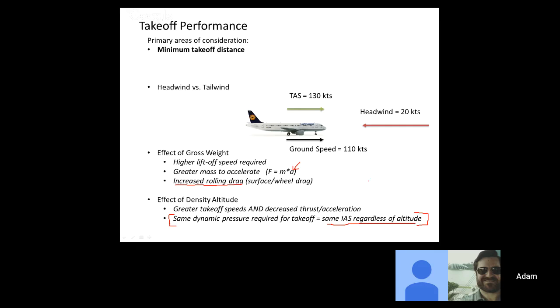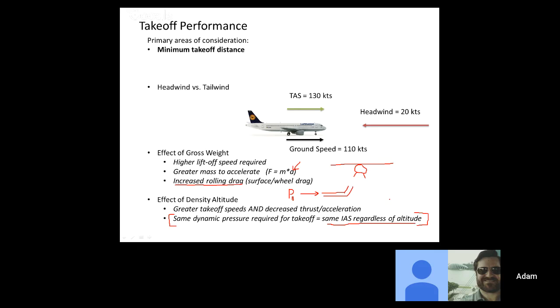But here's what you have to keep in mind. I'm going to make a little drawing here. I hope it's not too ugly. Here's the airplane. And on the airplane's wing, you've got your pitot tube. If you remember, your pitot tube controlled which instrument? That's the one with dynamic pressure.